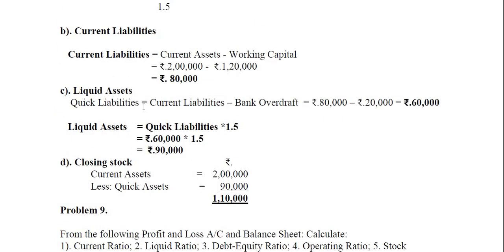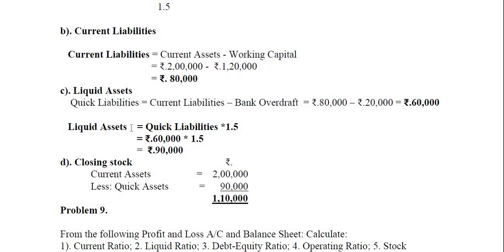Current liabilities we have calculated here, 80,000. It's not given, but we have calculated 80,000 minus bank overdraft. Bank overdraft is given. Then you will get quick liabilities. So quick liabilities are equal to 60,000.